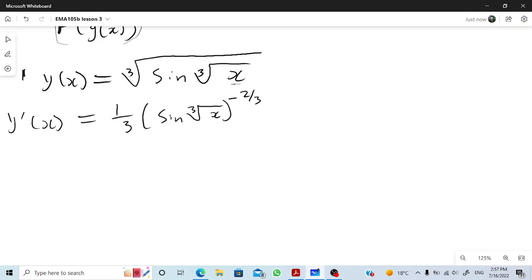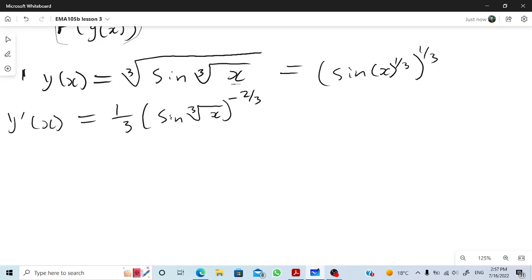So what happened here, this is the same as sine x exponent 1 over 3. This is the same as that.